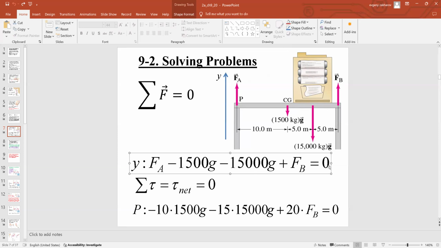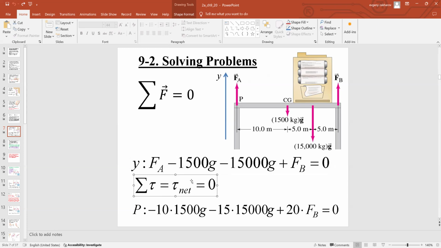Remember, acceleration must be equal to 0. This is your balance of forces equation. And then the second condition, balance of torques. So net external torque is 0 because angular acceleration must be 0 for the equilibrium conditions.